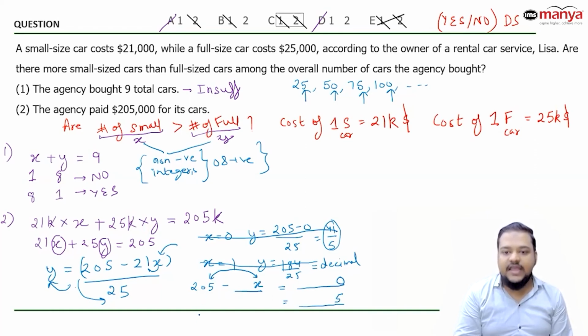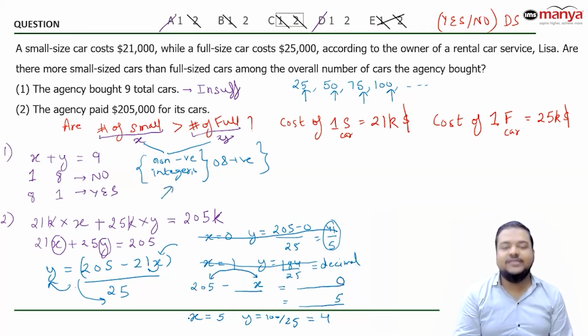So if I place x equal to 5, let me see what I will get. 21 fives is 105. 205 minus 105 is 100, and 100 by 25 will be 4. So guys, x and y both are non-negative integers. Hence, we got the first solution. And the solution is x equals 5 and y equals 4. That is one solution I got.